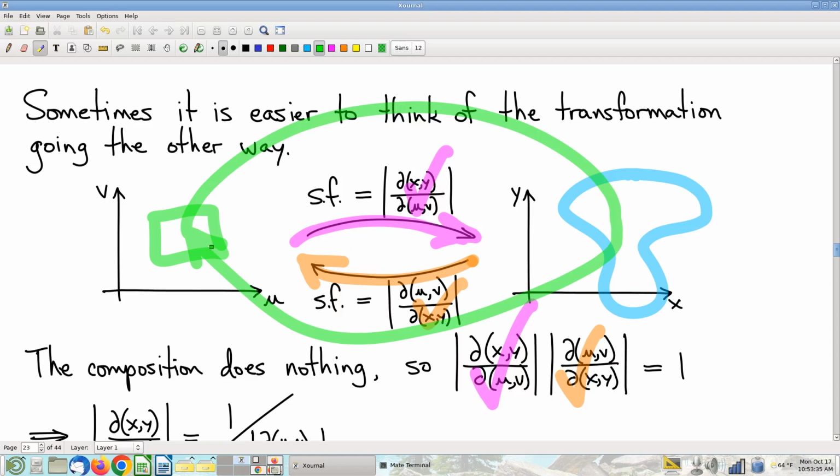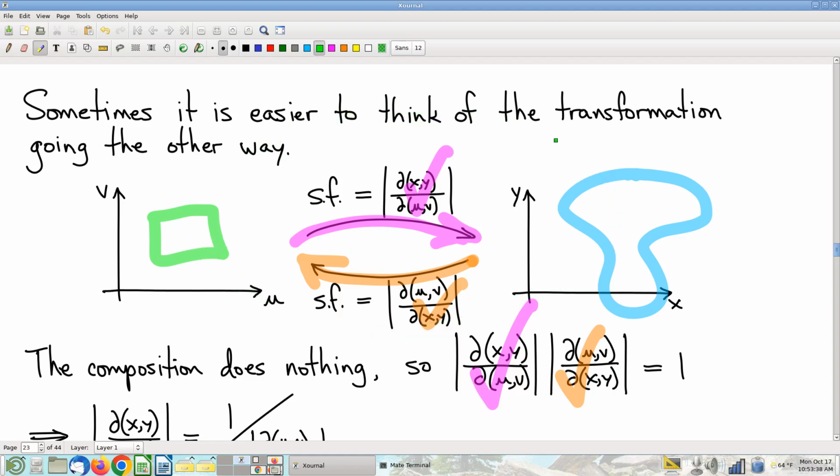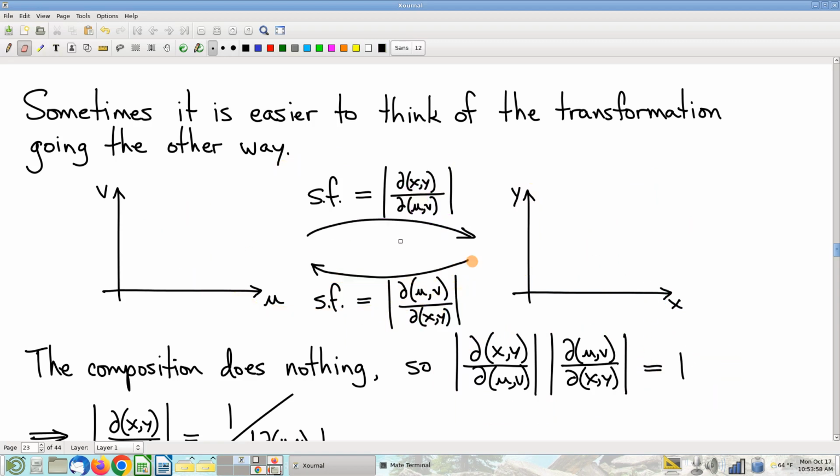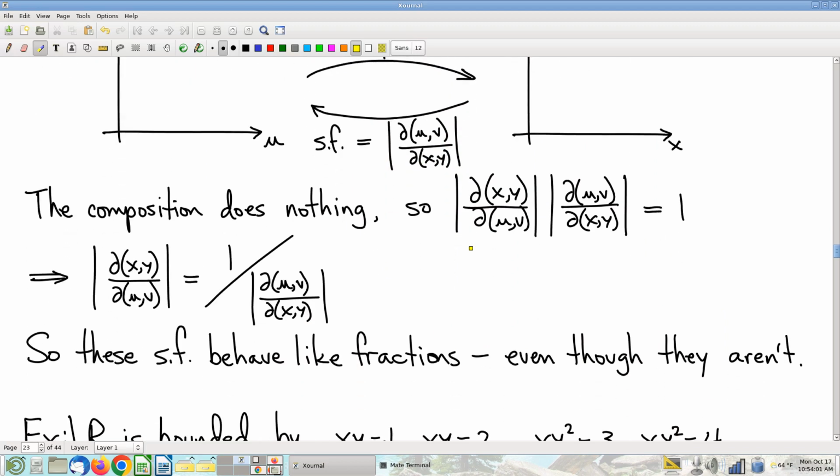So altogether, the composition, the stretching factor is 1 because nothing happened. And so what we get out of that is this identity down here. We get this identity that these two stretching factors are multiplicative inverses of each other, and in other words, writing them like fractions, this is another example of how that's actually kind of convenient.